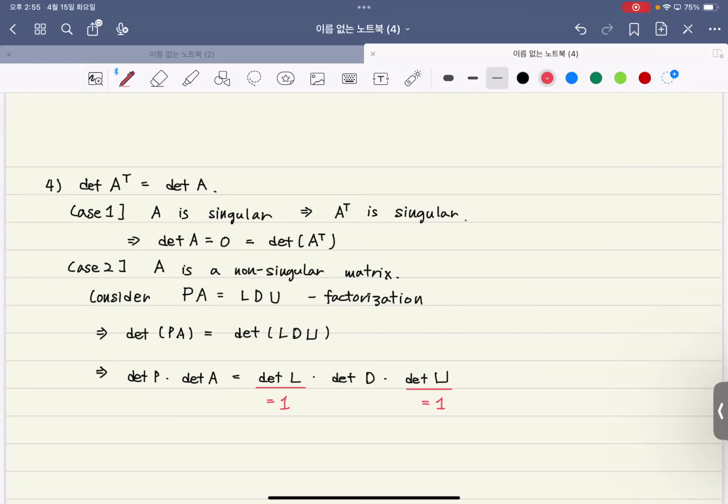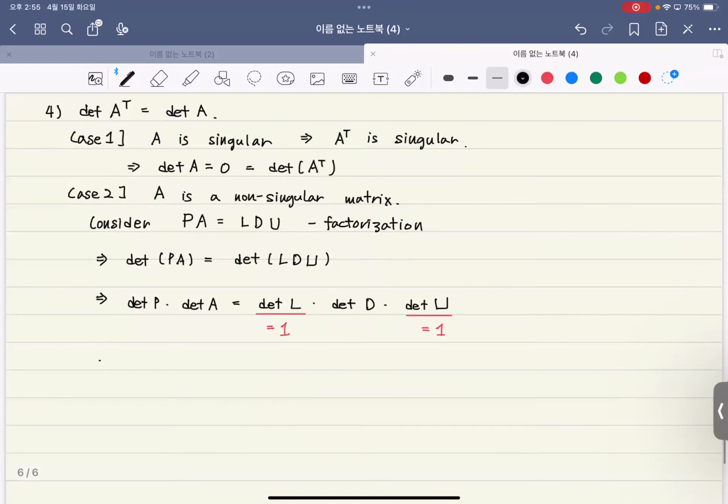Therefore, the determinant of this matrix is also going to be 1. So now I can say the determinant of matrix A is the determinant of the diagonal matrix divided by the determinant of matrix P.